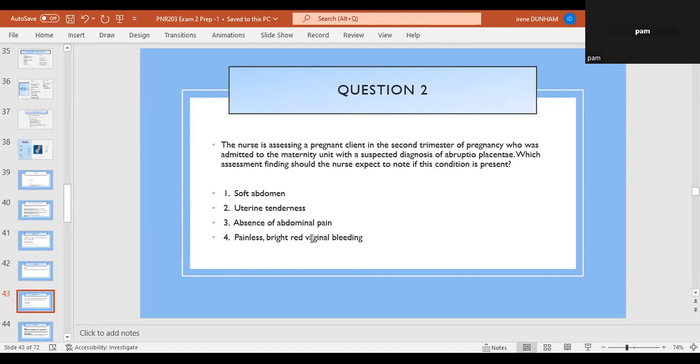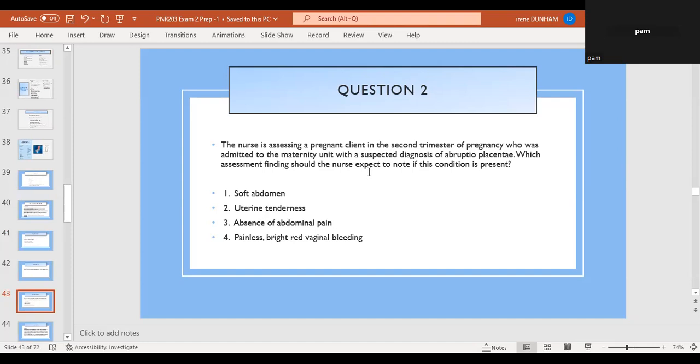So what would be the answer? Soft abdomen, no. Uterine tenderness. Absence of abdominal pain: with a placental abruption, you have pain. Number 4 is not correct because that's painless. So I would go with number 2. Let's see if you got it.